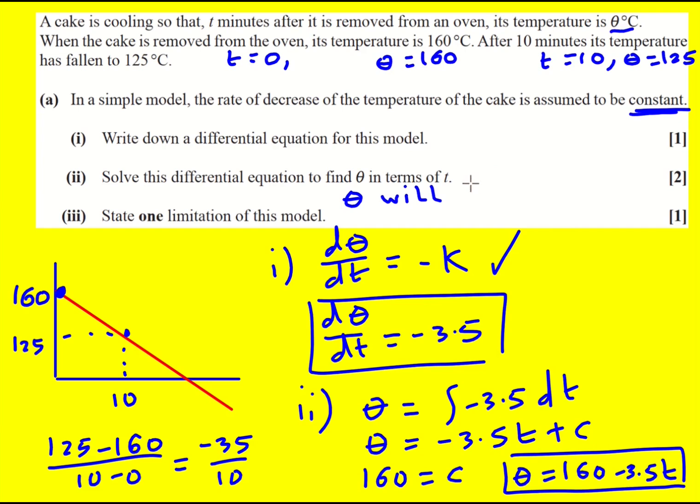It's going to go below absolute zero, which is not realistic because it should be settling at room temperature eventually. But it is a nice sort of, well, the most simple model you could possibly have if it reduces at a constant rate. So you can see the limitation, and that's why we're discussing it. So it's really a nice start to this question.